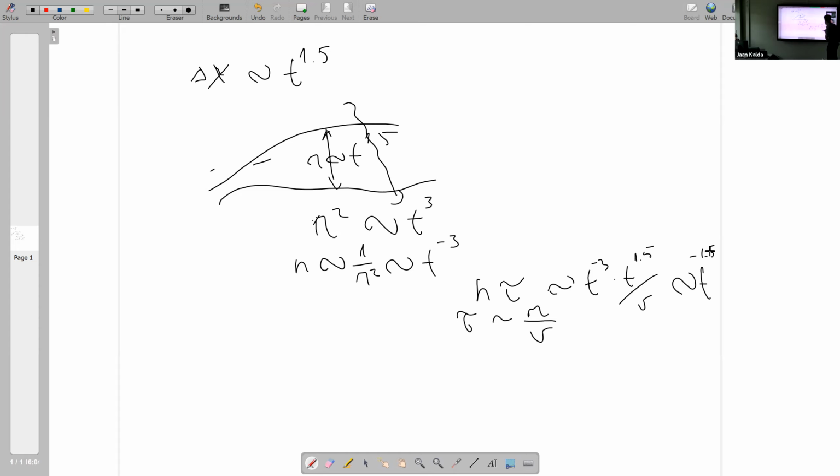So for the probability of getting the virus when you walk, you have been told that you need to keep 2 meters distance. So what is magical about 2 meters? Probably nothing. Just the probability of getting infection goes down as distance to the power of 1.5. That's all there is to it.